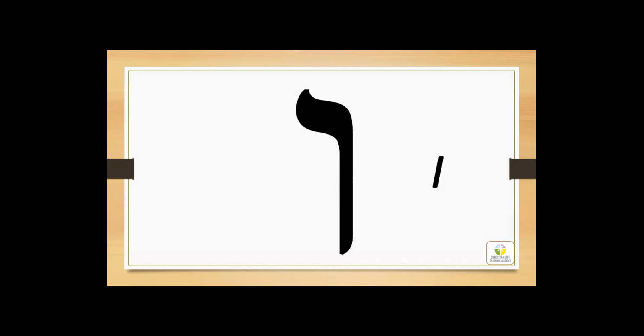That's point 1. Bet will be point 2. Gimel will be point 3. You will use Aleph, Bet, Gimel, Dalet, Hey, Vav, Zayin, Chet, Tet, the whole lot as their sequence. So that's your numbering sequence.